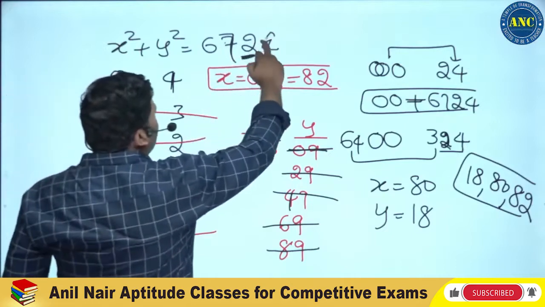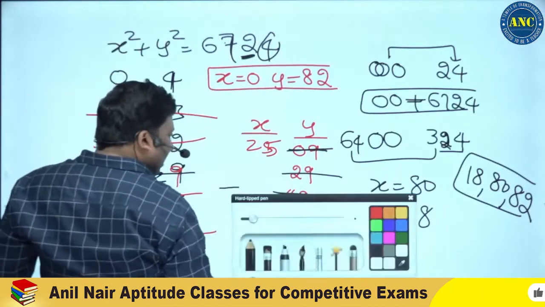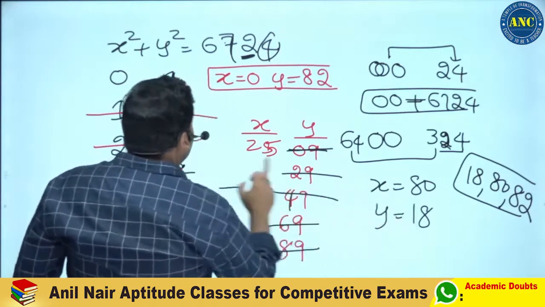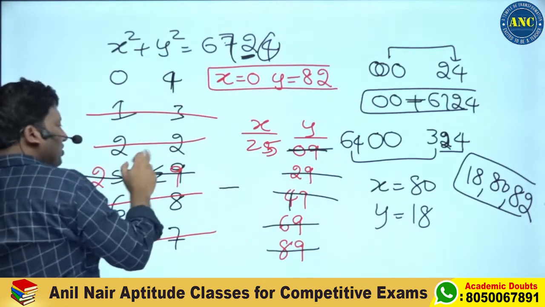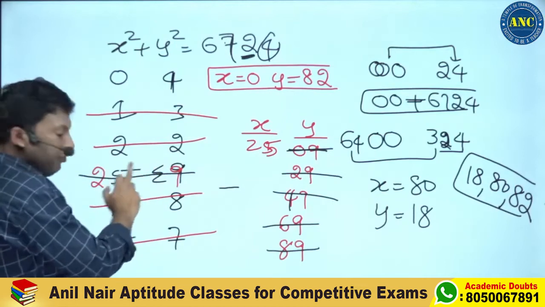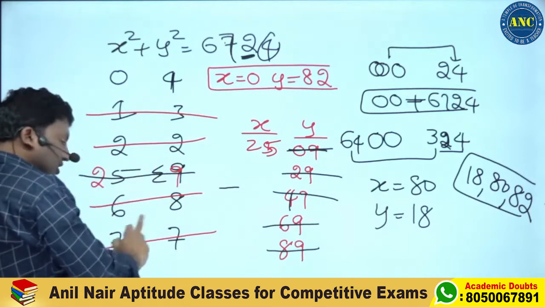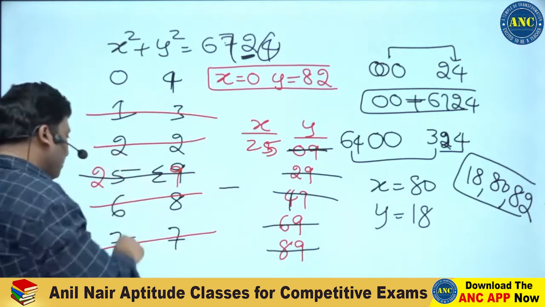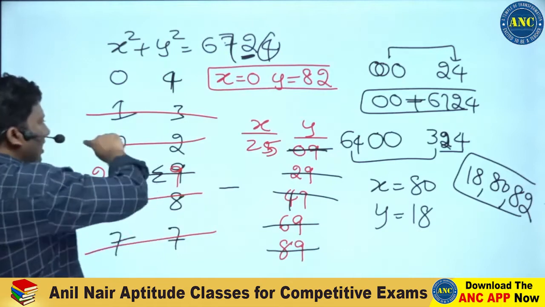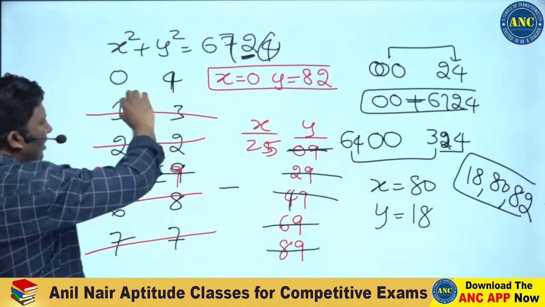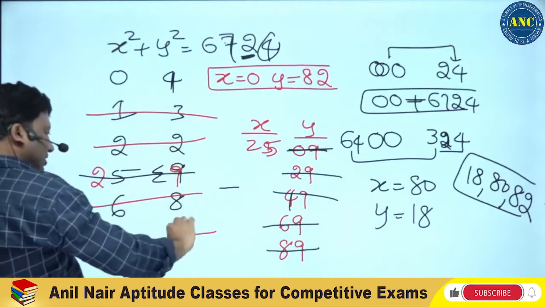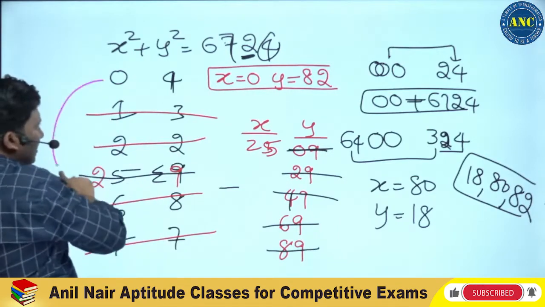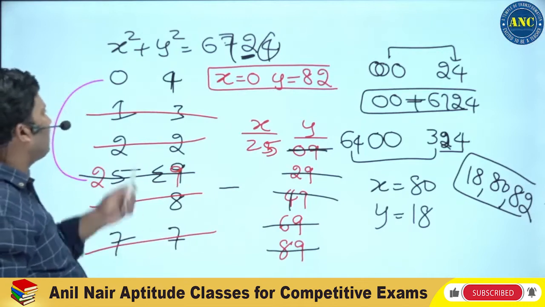The right hand side unit digit is 4. 0 plus 4, 1 plus 3, 2 plus 2, 5 plus 9, 6 plus 8, 7 plus 7. A perfect square never ends with 2, 3, 7 or 8. Second case out, third case out, fifth case, sixth case out. Only these two cases are left.